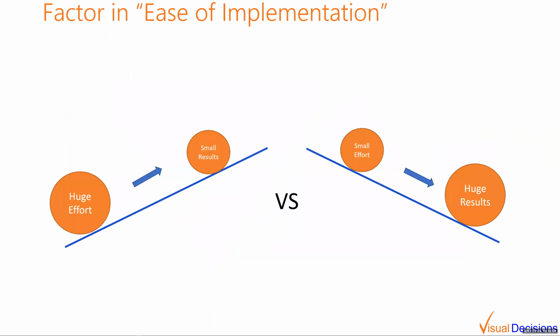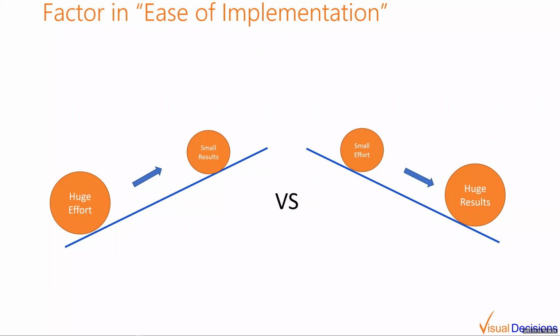As we're thinking about all this, one of the things we really want to factor in as we come up with this portfolio of projects is the ease of implementation. For some things, it's pushing that boulder uphill, right? You put in a huge effort and you get a small result from it. The alternative is that there are some things that are much easier to get done.